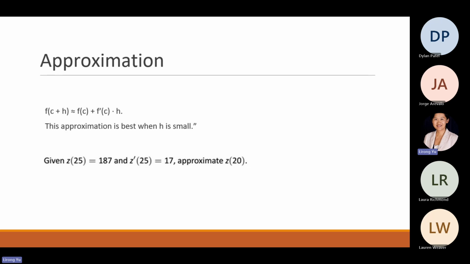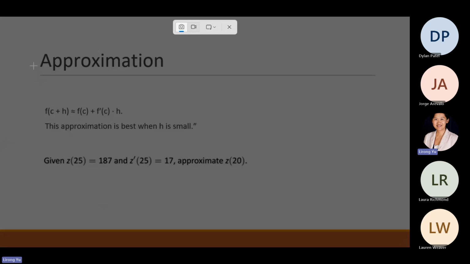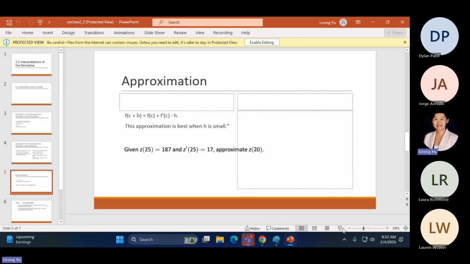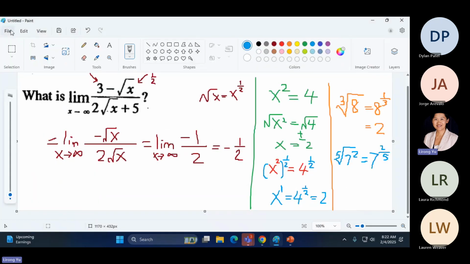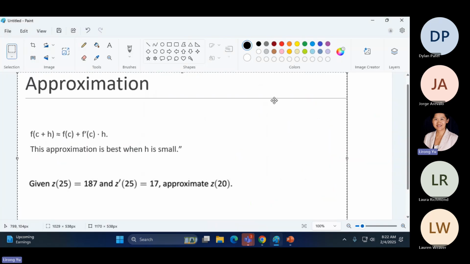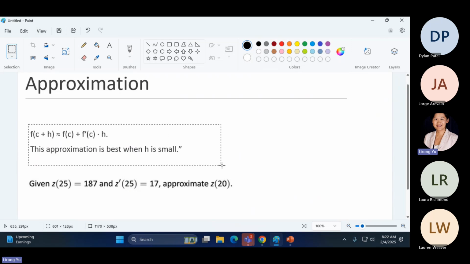So the independent variable changes from 25 to 20, the change is -4. So the h is -4. All right, I think we did this example last time, but as we work out more examples on how to use the derivative for approximation, we have to figure out a way to handle this kind of question. And the thing is to understand the notation's meaning.